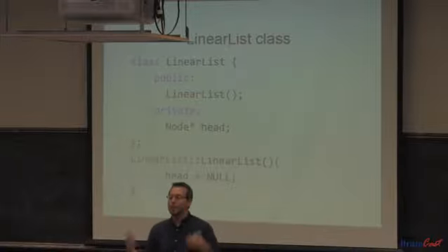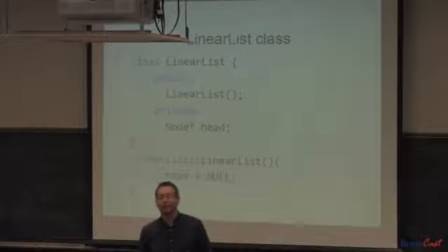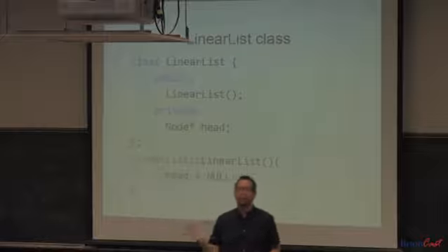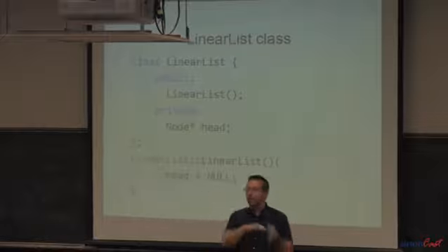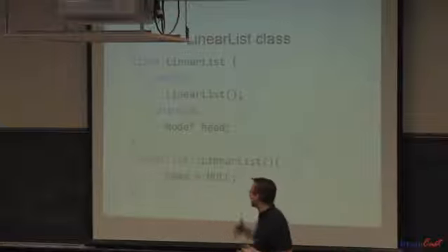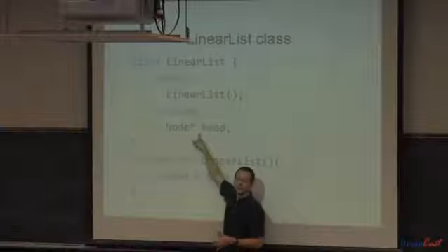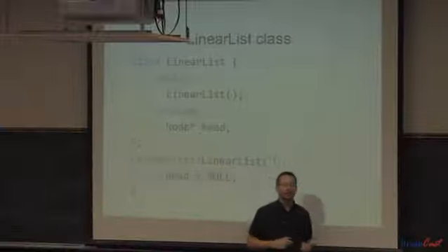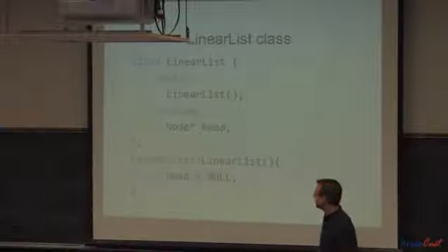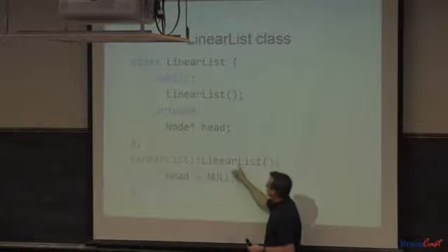So in terms of memory occupation, a linked list is very light. It doesn't occupy much memory because all of the nodes are on the heap, speckled all over the place. If I moved a linear list over, all I'm moving is a node pointer, which is a very small variable. So they're very lightweight. In my constructor for linear list, I just assigned head the value null.